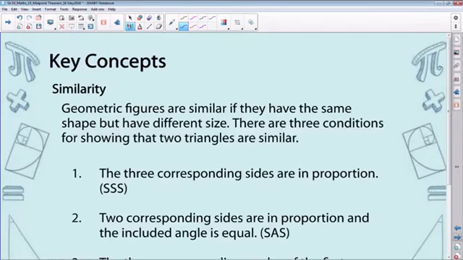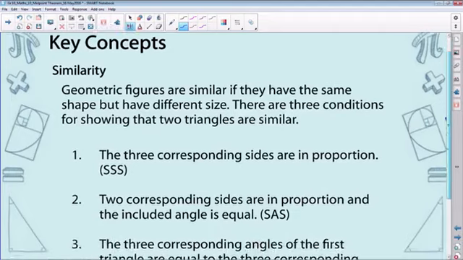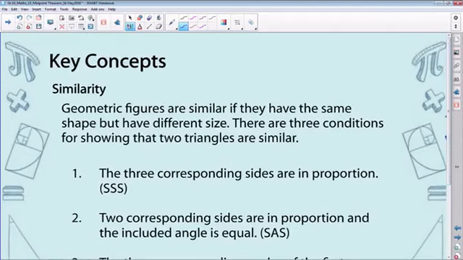And then we've got to go to similarity. And you'll remember, and I'm just going to draw it up here. Similarity is when we have two triangles that are increased or decreased in the same proportion. So that means that this angle has the same size as this one, and this one has the same size as this one, and this one has the same size as this one.